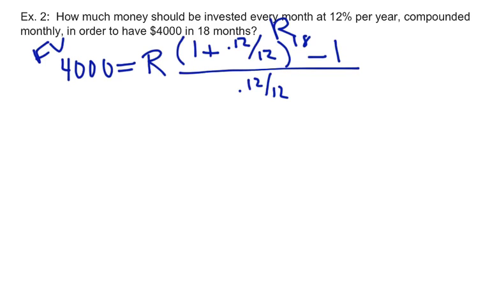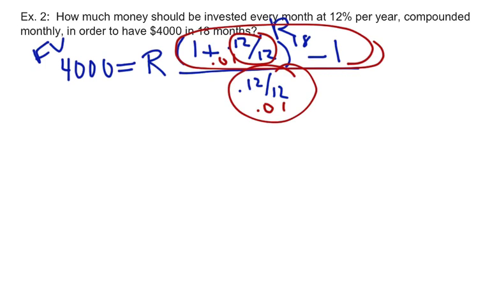Now, 0.12 over 12 is 0.01. So if you want to change that to 0.01, you can. And again, how are you going to do this? Well, first I would evaluate this, and then I would divide that answer by this, and then I would do 4,000 divided by the previous answer.